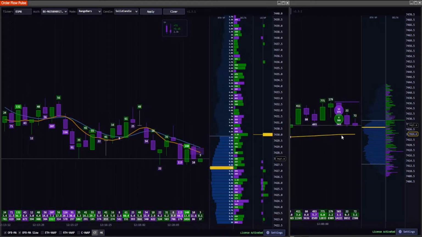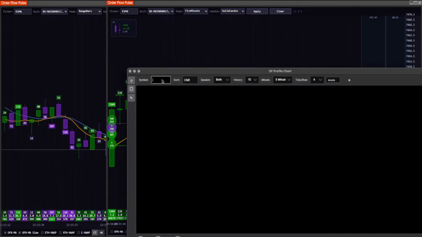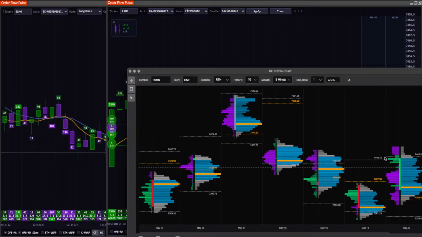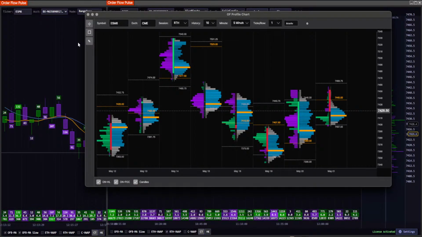We're coming right down to the VWAP. Again, look at this. This is not a day that you really want to be trading. I guarantee you, if I look at a profile chart, this is just going to be a day. If I just look at RTH, real-time trading hours, look at this.